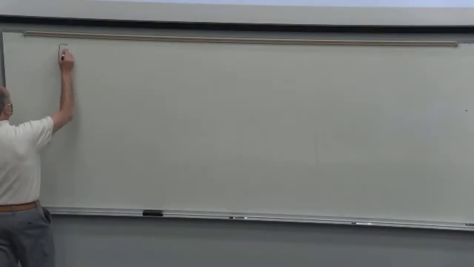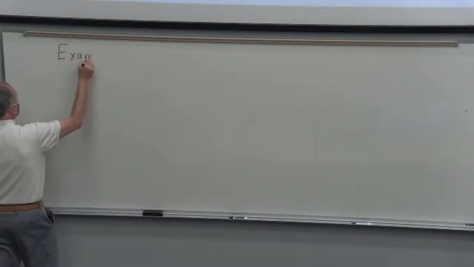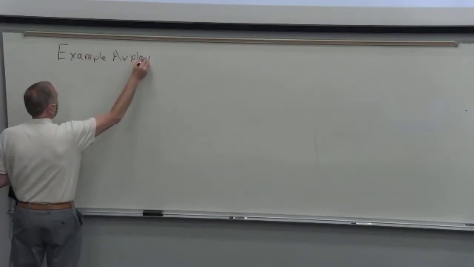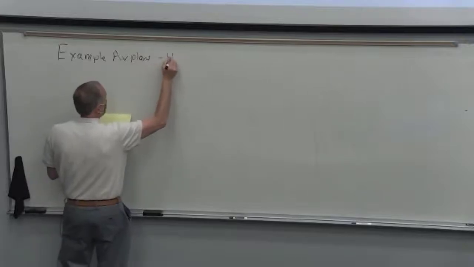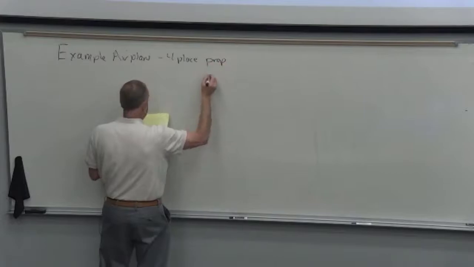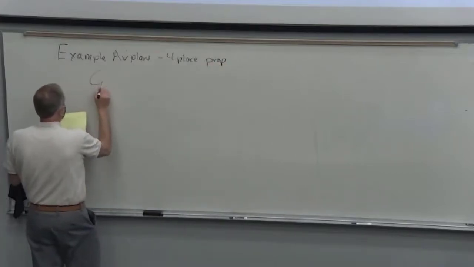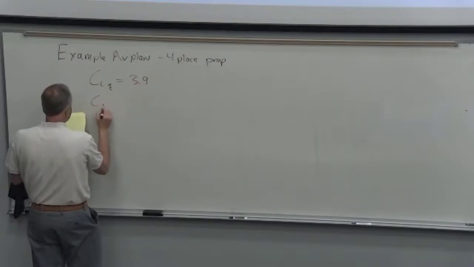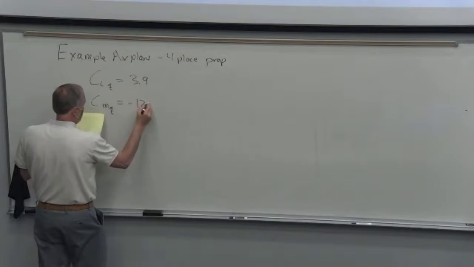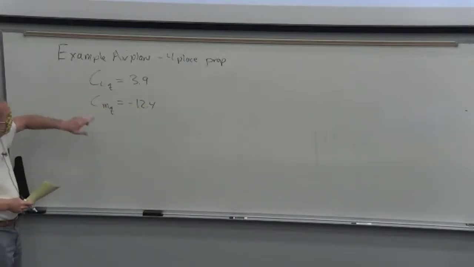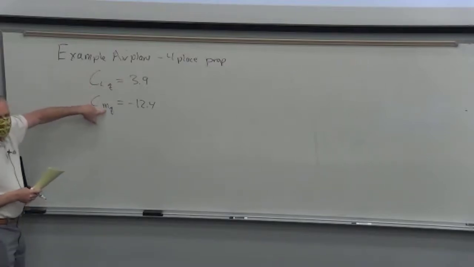So we're back to our example airplane. Because we're doing a maneuver, we need numbers for CLQ and CMQ. Remember, this is how the pitch rate, the airplane rotating in pitch, changes the lift and the pitching moment.